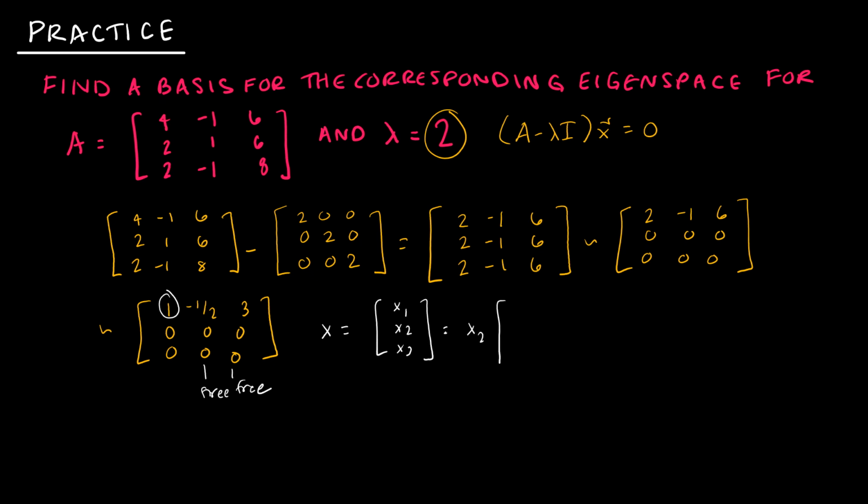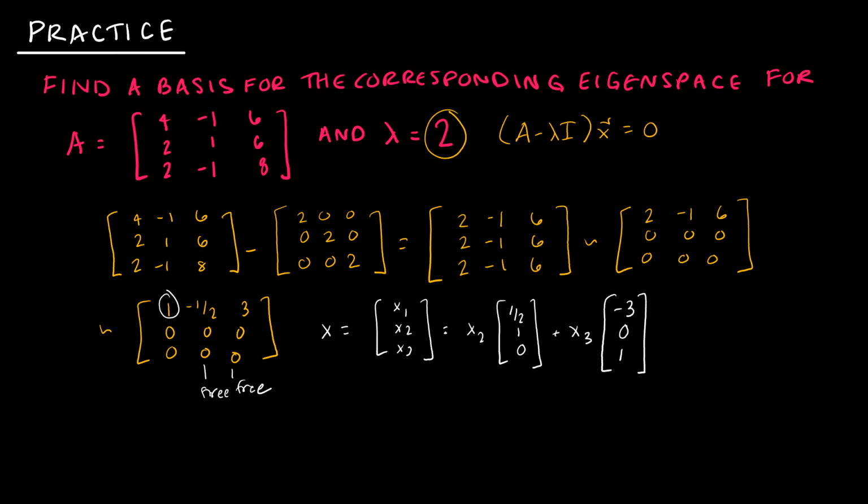I'm just going to go straight to having x2 and x3 on the outside. So x1 can be written as 1/2 x2 minus 3x3. And then, of course, x2 is x2, plus 0x3, and x3 is x3.